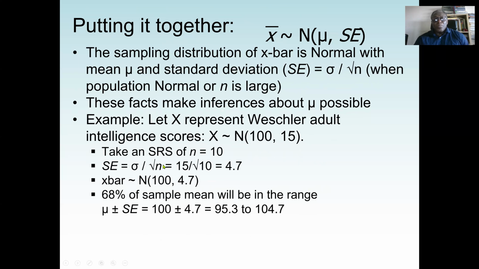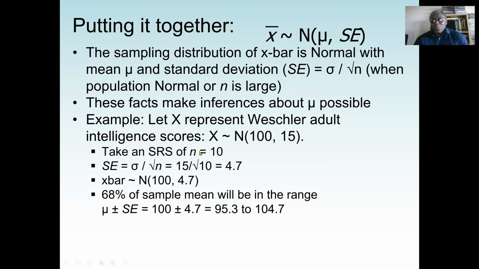So let's look at an example here. Let X represent adult intelligence score, with a normal distribution, and the mean is 100, and the standard deviation is 15. Now we take a sample size of 10.